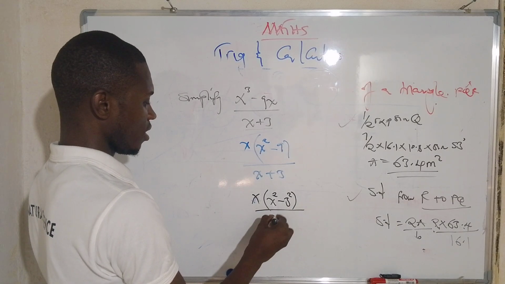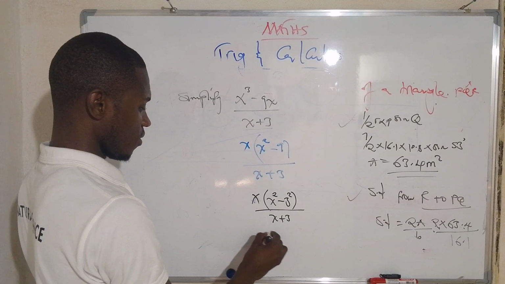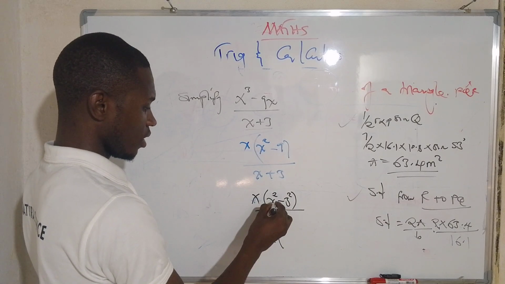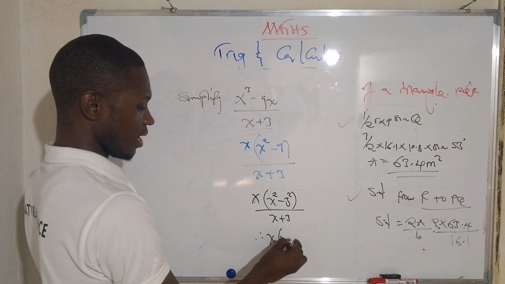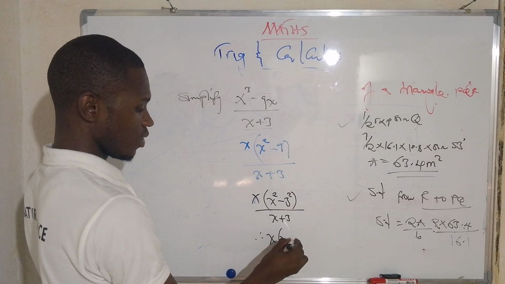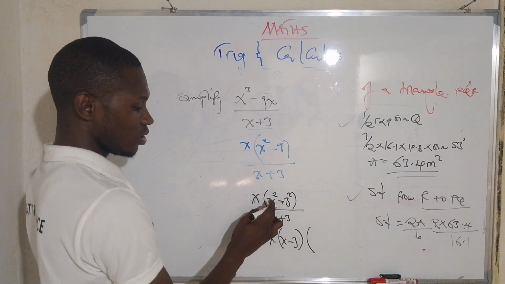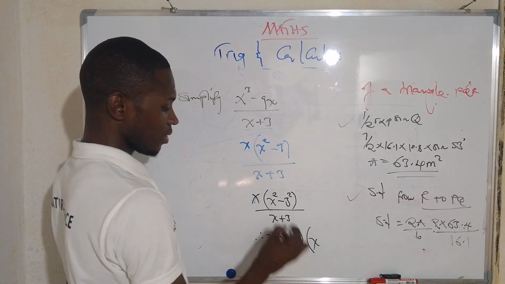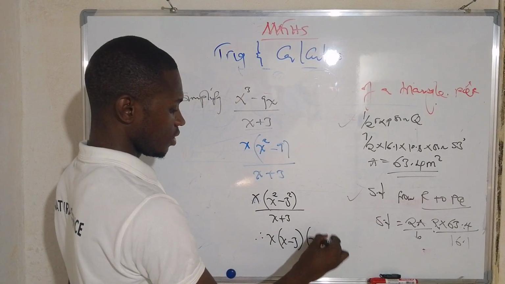Then over x plus 3. Therefore, x, you get 1x, it is here. Then minus this one, you get 1 3 there, it is here. Then you close. Then again you open. The x which remained here, you put it here. Then since you have a minus here, put a plus here. Then you put a 3.